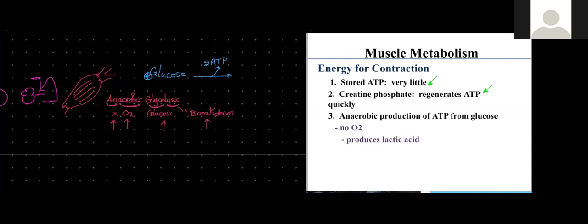But the problem here is that when you break down the glucose without oxygen, this results in accumulation of pyruvate or pyruvic acid. This pyruvate is chemically unstable, so it needs to be transformed into a more stable chemical form, which is going to be lactic acid.